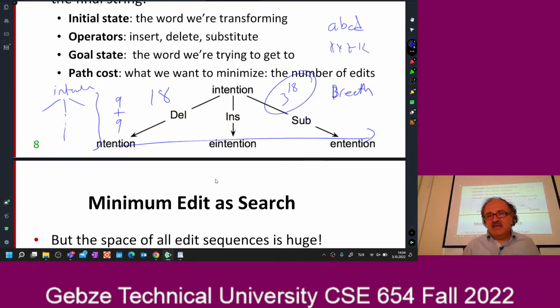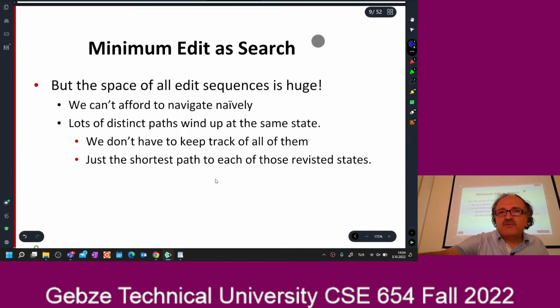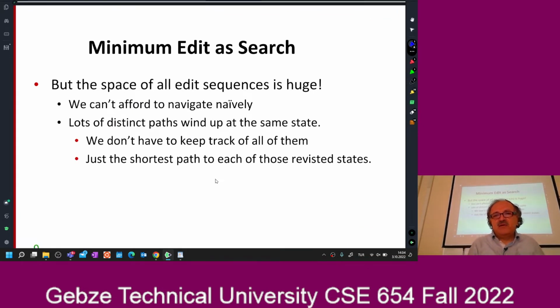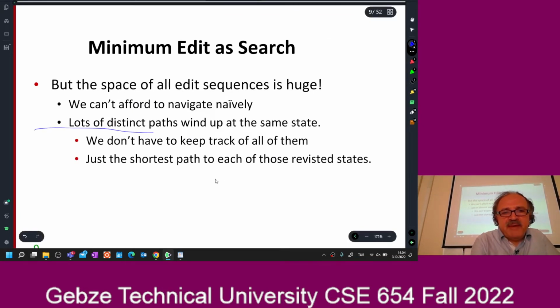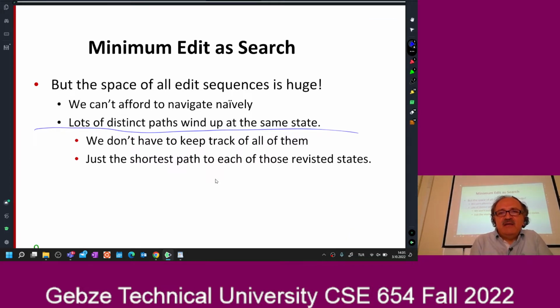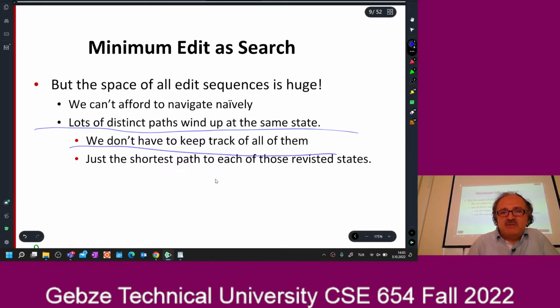That's a waste of time and memory space. Lots of distinct paths wind up at the same state, and we don't care how many times we solve the same problem. We don't have to keep track of all of them. So we are trying to find the shortest path. Let's find a solution for that.